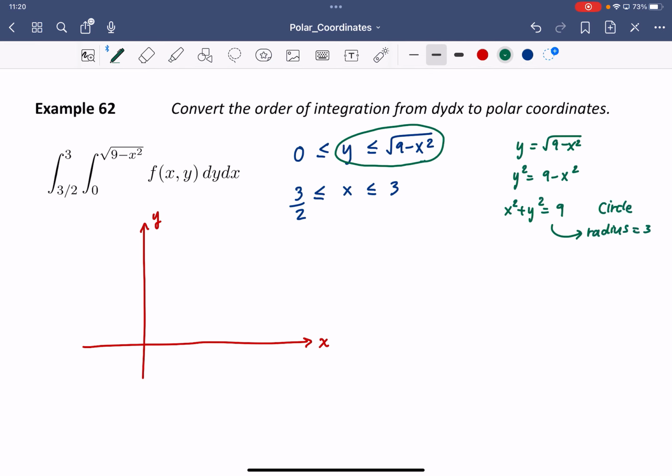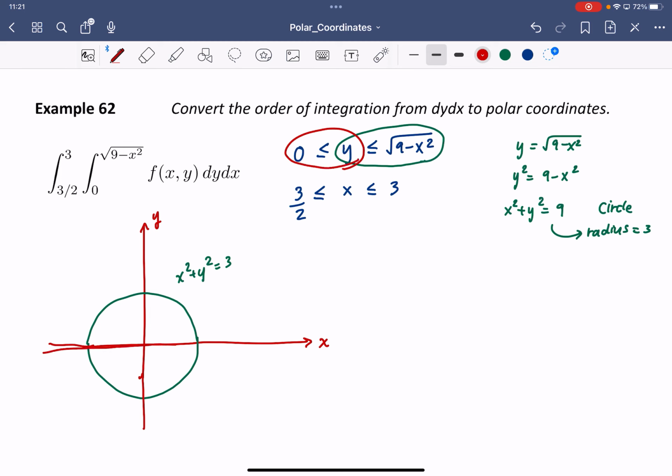Make sense? And then basically you're gonna need the circle with radius equal to 3. This is x squared plus y squared equal to 9. And then now you also have y equal to 0. y equal to 0 is what line?